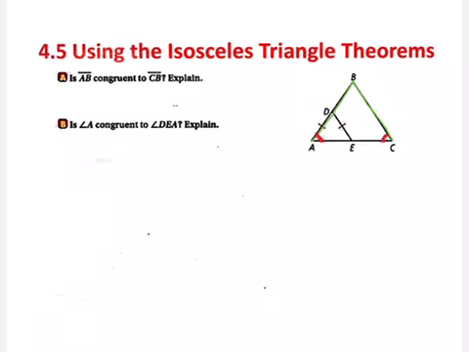So we can see that since angle A is congruent to angle C, AB should also be congruent to CB by the converse to the isosceles triangle theorem.